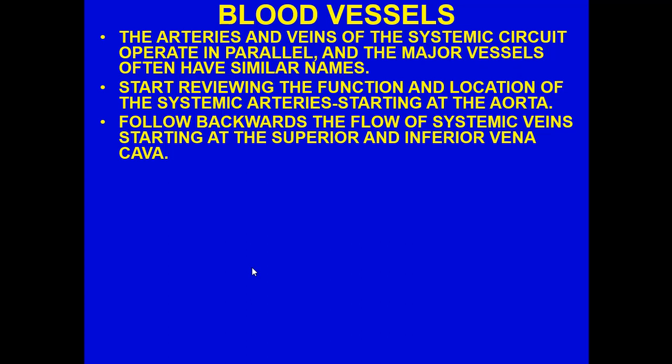That's how you're going to learn. Every one of these arteries and veins that I have mentioned in this PowerPoint, you are going to be responsible for on the exams.